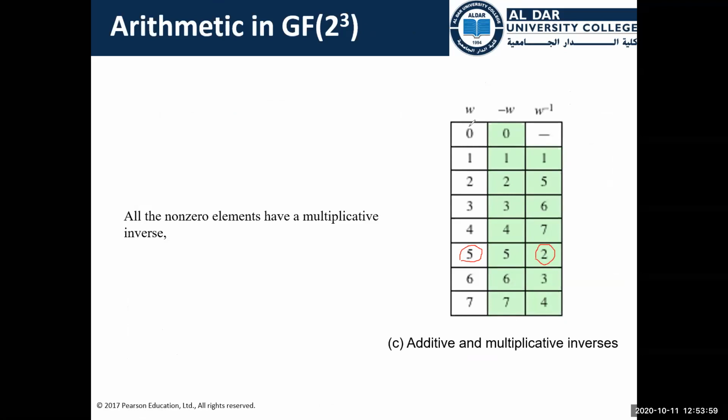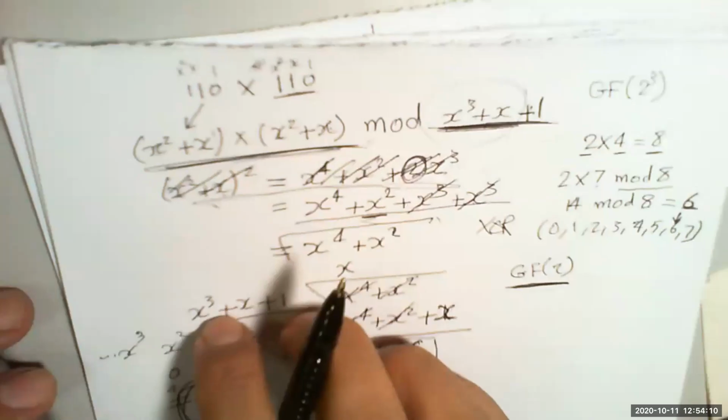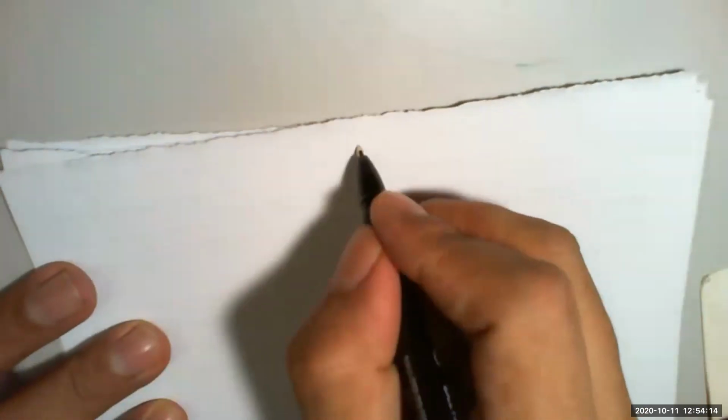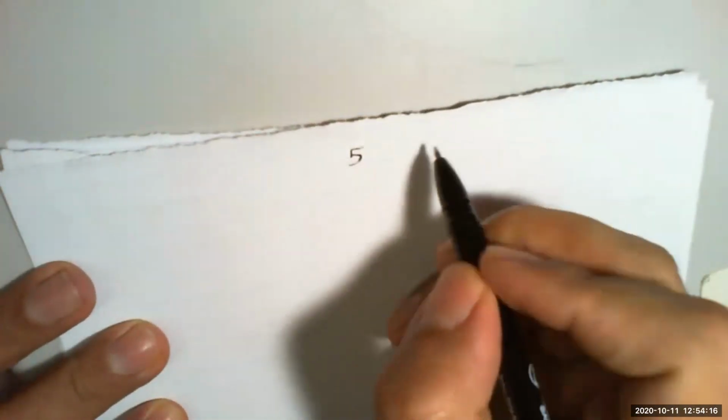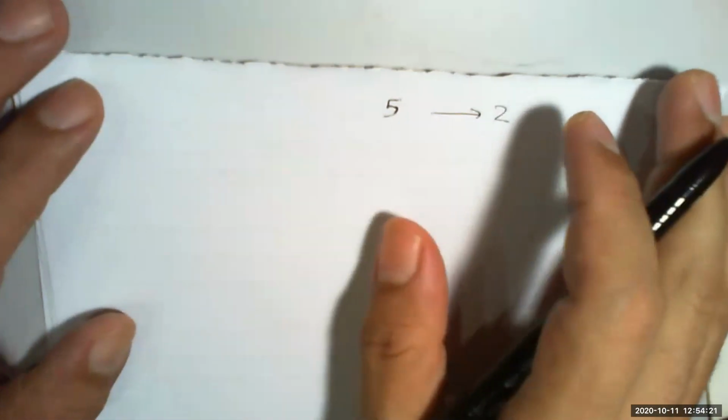I think maybe this is the last share. I share my camera back. So as I told you, we have here 5. The multiplicative inverse of 5 is 2. Why is it 2?